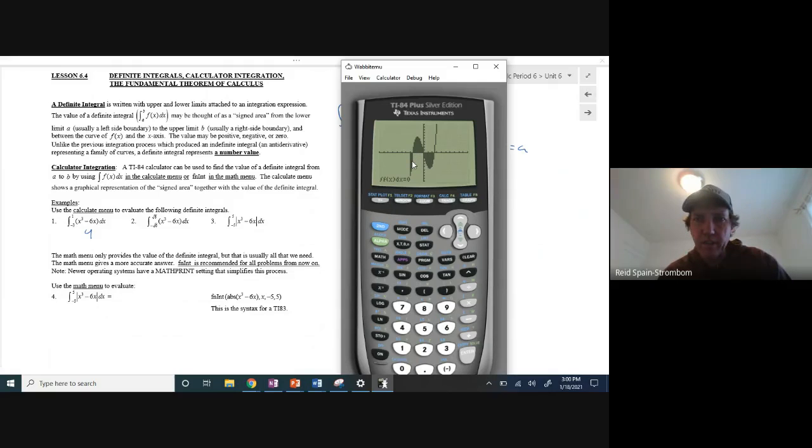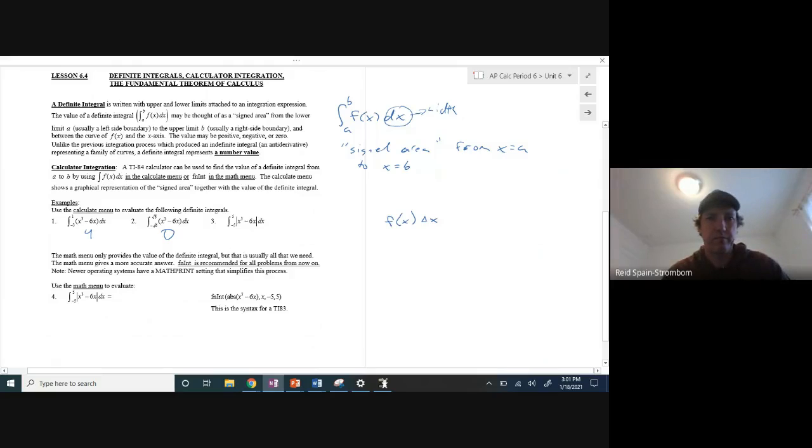There shouldn't be anything on this left-hand side. I think that's just from before. Okay, so notice that the area above and area below equal each other out, so that means the signed area, we'll say, is 0.